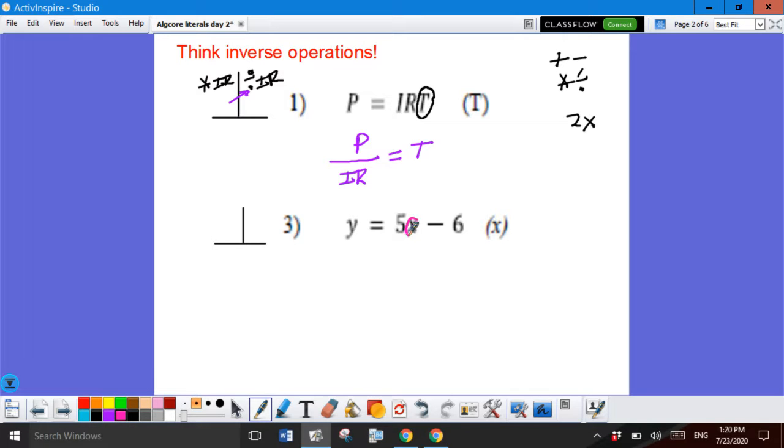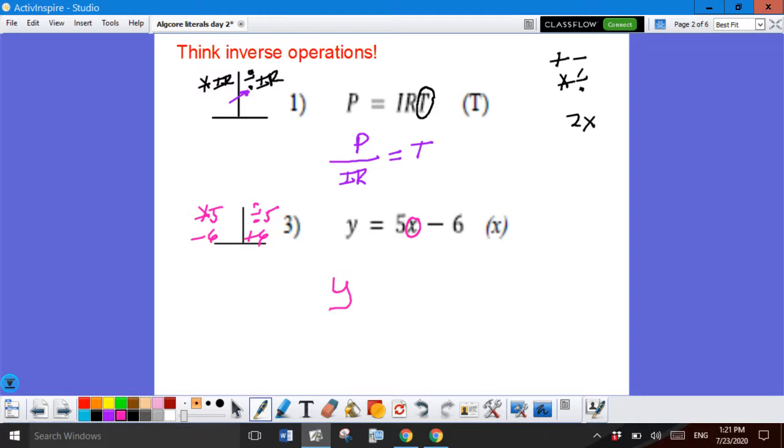All right, here is my X. We're solving for X. Go ahead and write your steps and see if you can come up with this equation. All right, so I see my X. So I have times 5, divide 5, minus 6, plus 6.